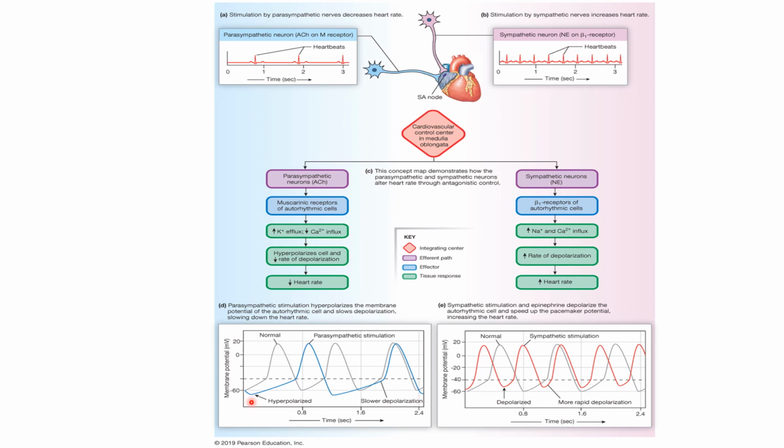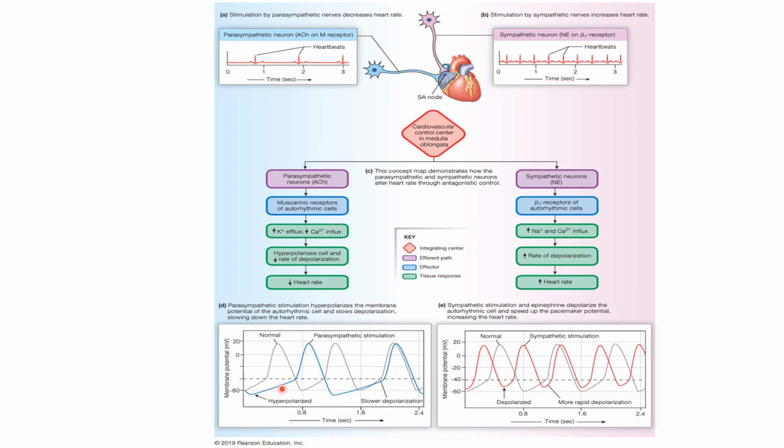Well, if you are starting at a more negative value, and your calcium permeability is also decreasing, it's going to take more time for the cell to depolarize and reach threshold, therefore delaying the onset of the action potential and slowing down your heart rate.